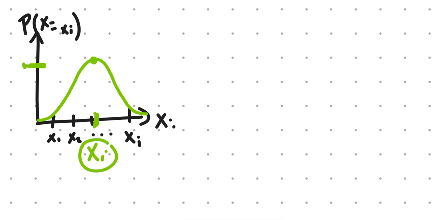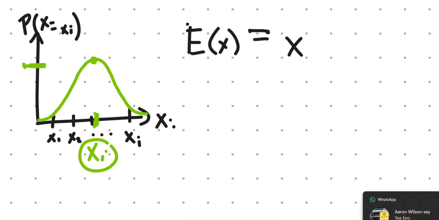So the question is how the expected value is calculated in the first place. The expected value is E of X, a function depending on the variable X, which is equal to the sum of xi.